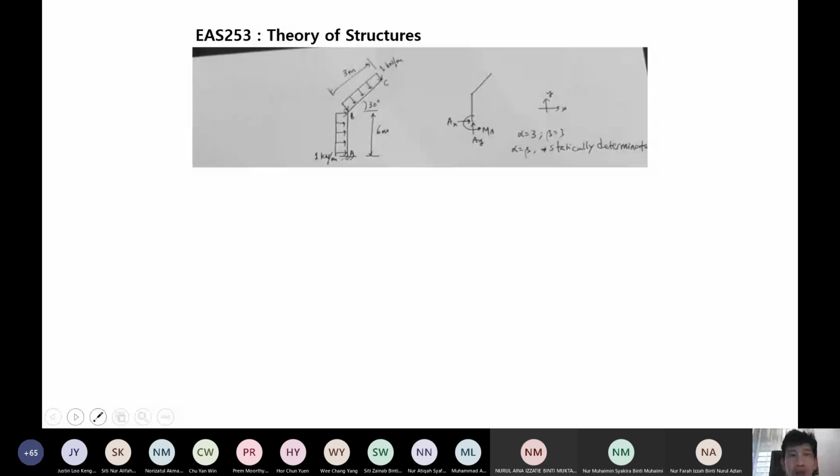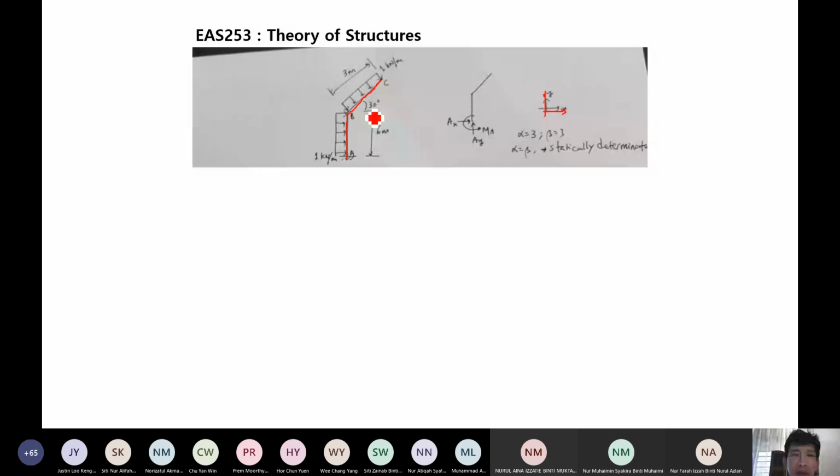So you have this inclined member, and this is vertical, okay? And this is our x and y. So you have an inclined member, and now it is directly given to us the degree. The inclination is 30 degrees.